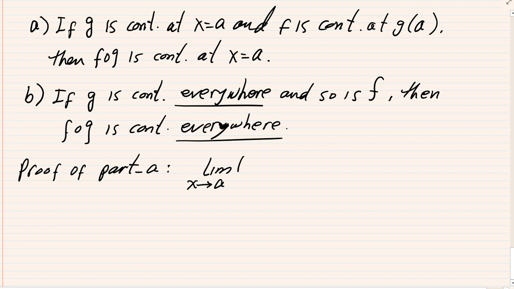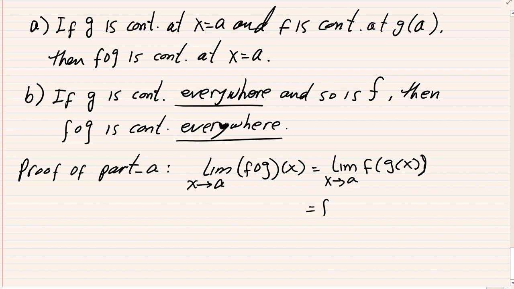So the limit as x goes to a of the composition is what we want to find, right? So this is going to be the limit of f of g of x. That's just using notation, inside-outside function, so we can relate to it easier than the f-o-g notation. Now, the limit of a function composition is going to be the outside function f of the limit of g of x, right?